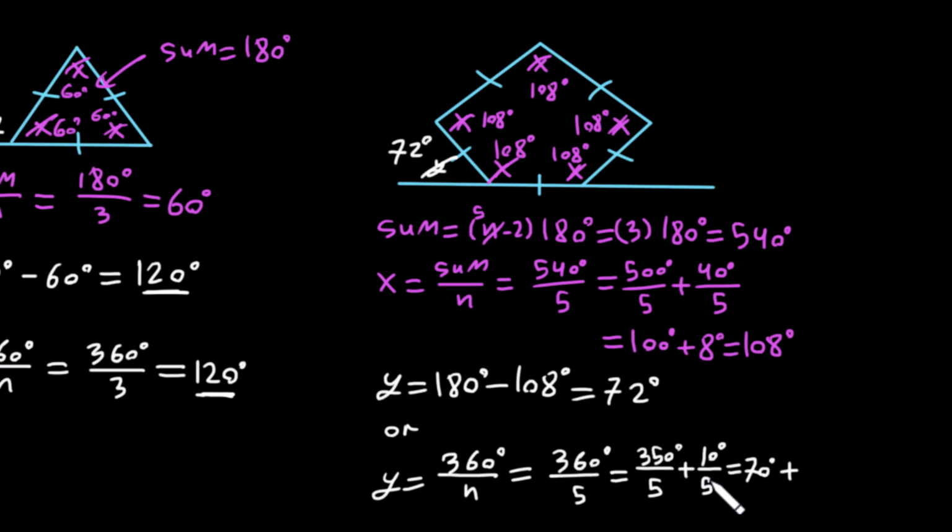Plus 10 divided by 5, which is 2 degrees. So the answer is 72 degrees, exactly the same as here. So you can find it by this way or this way since it is a regular polygon.